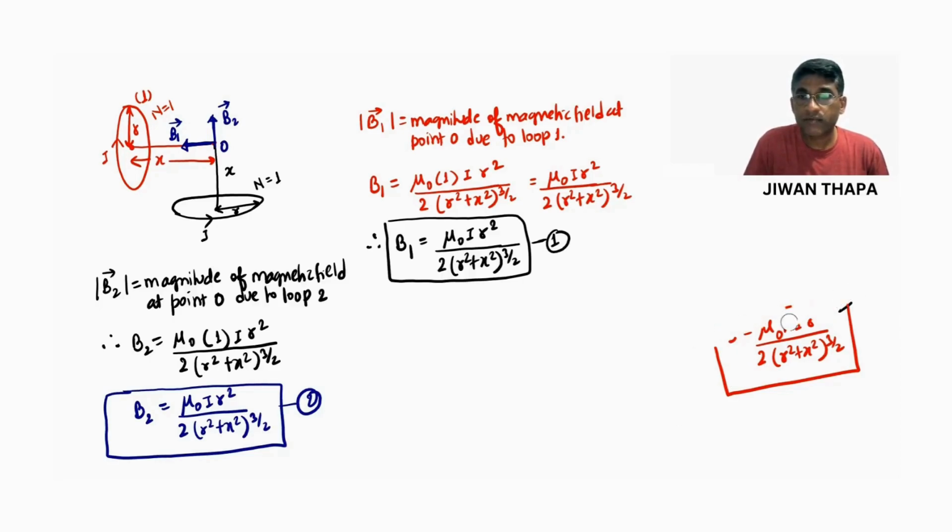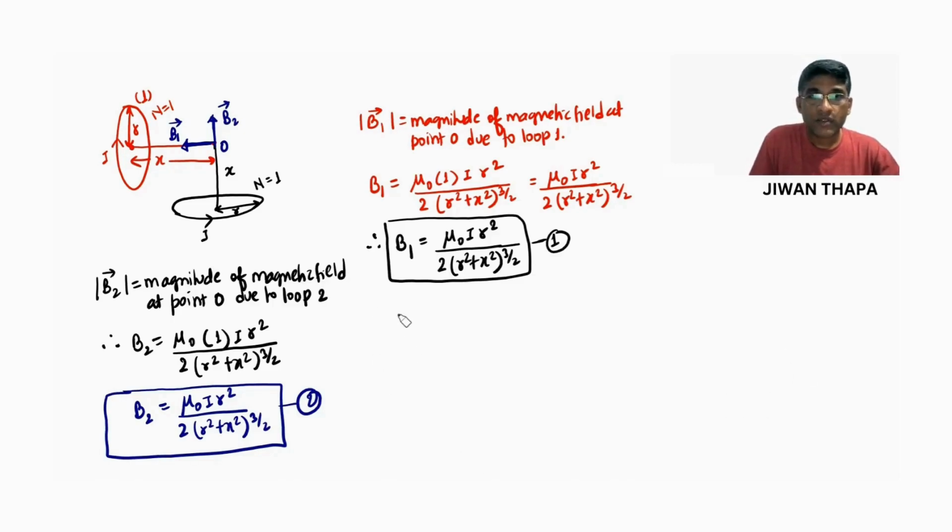So I'm erasing this. We must find the resultant of B1 and B2, clear? So I'm writing, let B T, okay? So I'm writing in vector form. So this is resultant of B1 and B2. Or we can simply write in this way.